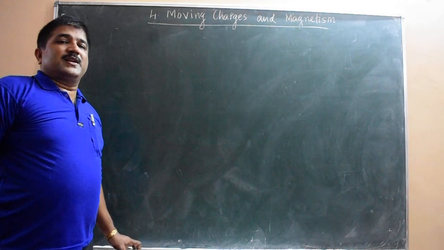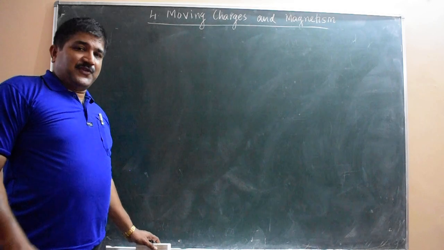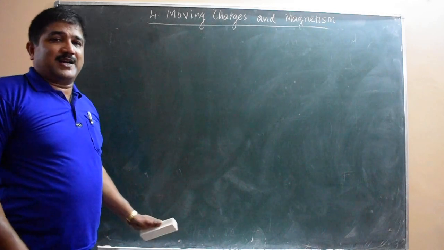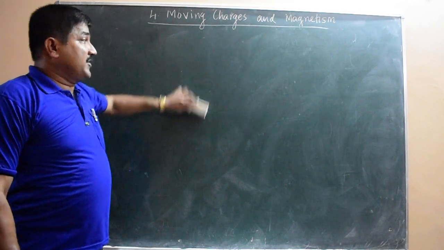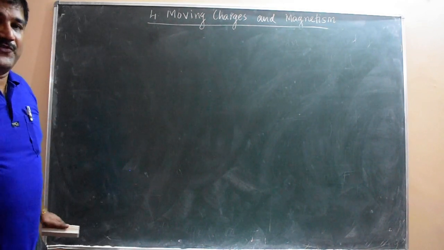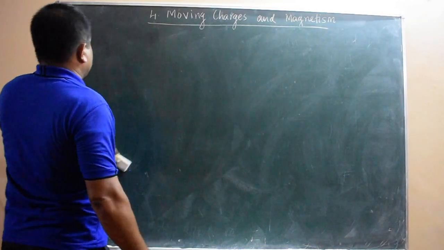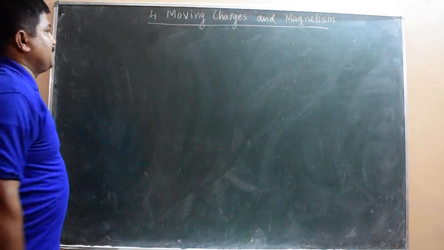So 2 fields are there: one produced by the conductor, another the externally applied field. Because the 2 fields interact with each other, the conductor experiences a magnetic force due to the external magnetic field.